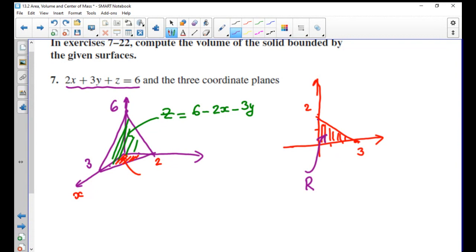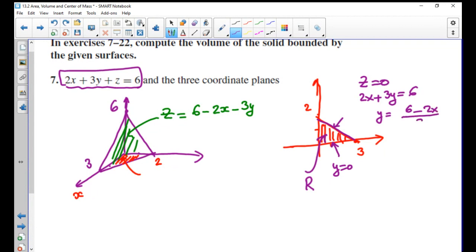And this line, which is important, we can get it from here by putting z equals 0. Yes, z equals 0. So you will get 2x plus 3y equal to 6. And we can find y from here. y will be 6 minus 2x over 3, so it's going to be 2 minus 2 over 3 x.